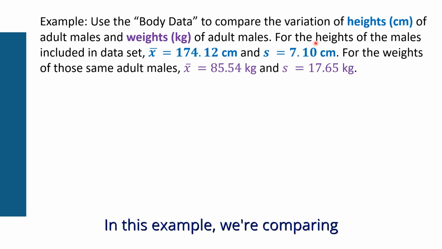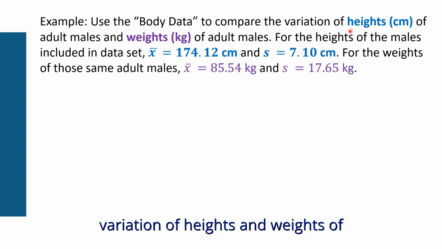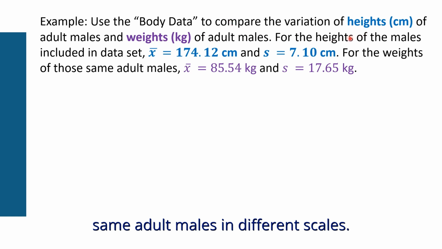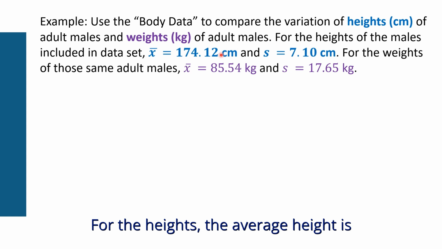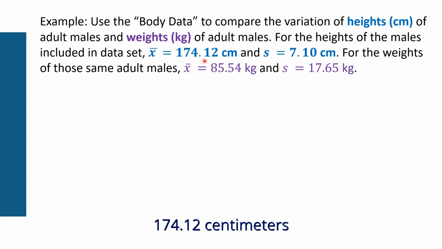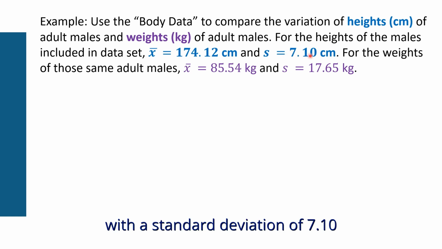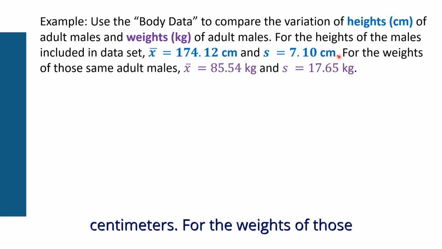In this example, we're comparing the variation of height and weight of the same adult males in different scales. For the height, the average height is 174.12 centimeters with a standard deviation of 7.10 centimeters.